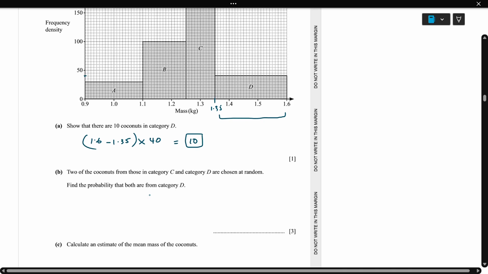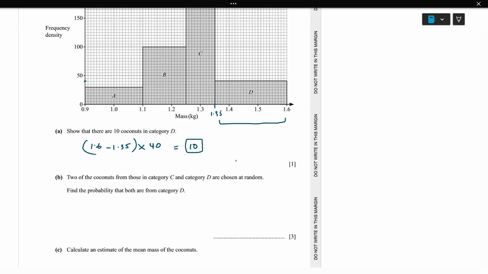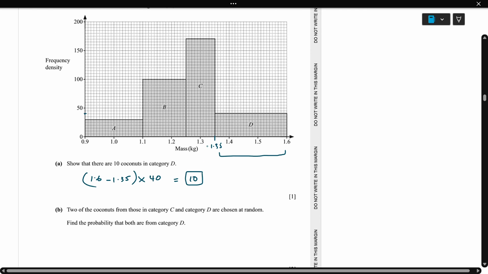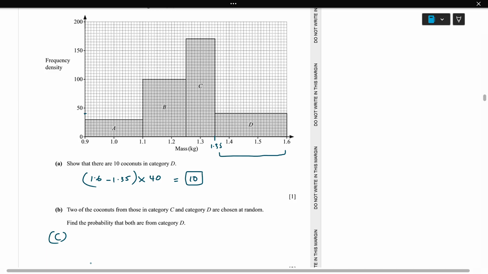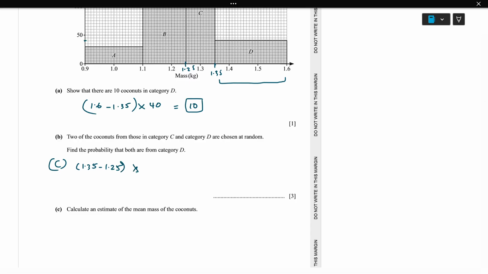Okay, next, two of these coconuts chosen from category C and category D at random. Find the probability both are in category D. So we know category D there are 10 coconuts. Now we need to find how many coconuts are in category C. Category C is from 1.25 to 1.35, so the width is 1.35 minus 1.25, times the height.